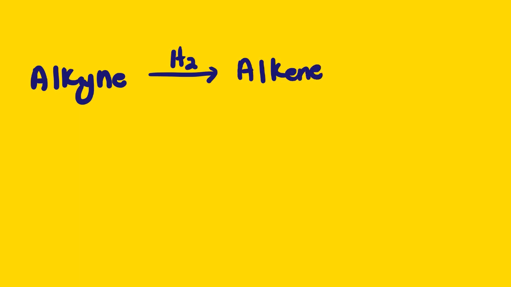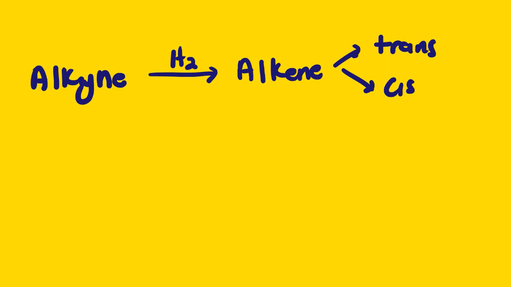So we have an alkyne. We are going to hydrogenate it to alkene. But you should know that under alkene, we can yield either a trans or a cis-alkene. It also depends on the type of catalyst that we have.